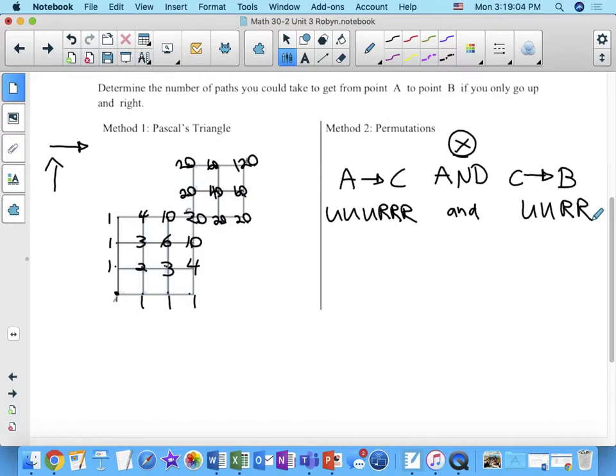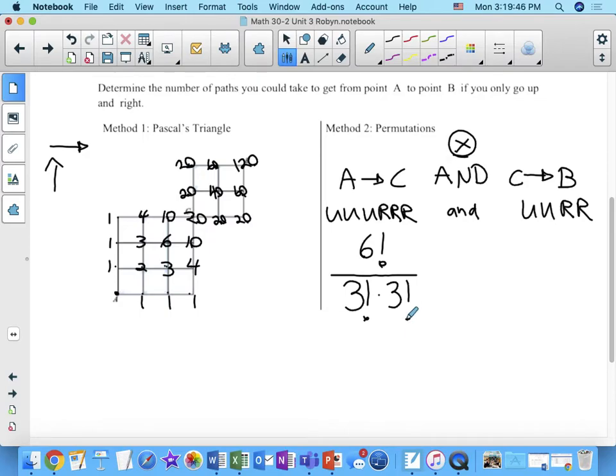So this guy, if I was treating this as a situation where I have identical objects, well, what would go in the numerator? 6 factorial, because there's 6 objects. And then in my denominator? Yep. 3 factorial and another 3 factorial, 1 each for the 3 U's and the 3 R's.